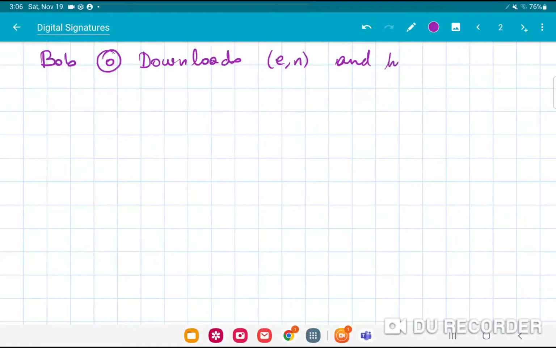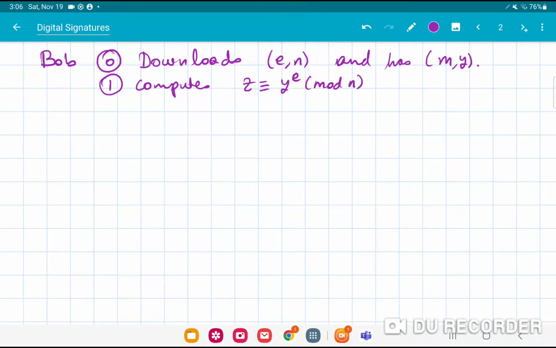He has M and Y. Okay, and now he computes Z, which is Y to the power of E mod N. Okay, so he compares Z and M. So if Z is M mod N, then the signature is verified.